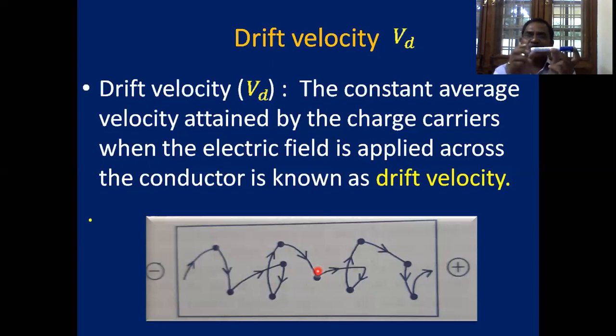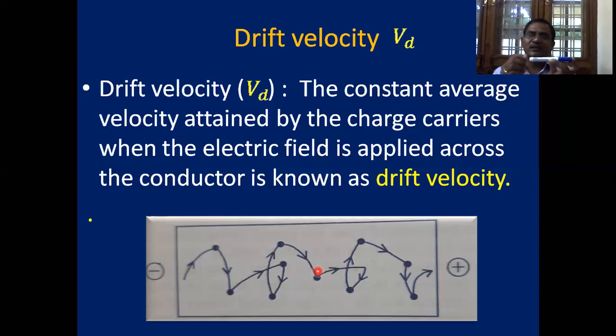Due to this acceleration acquired by the electron, the speed will increase further. The increase in speed is of course a very small value, but these electrons are subjected to frequent collisions with ions or atoms of that metal.